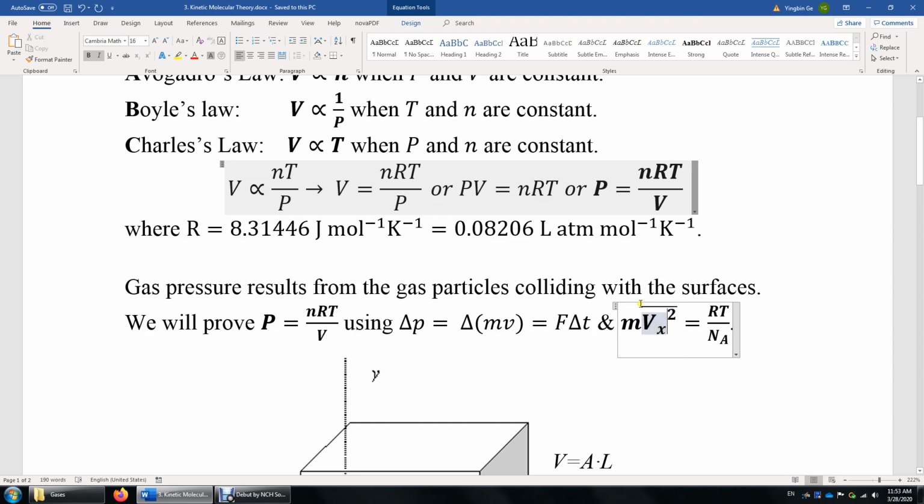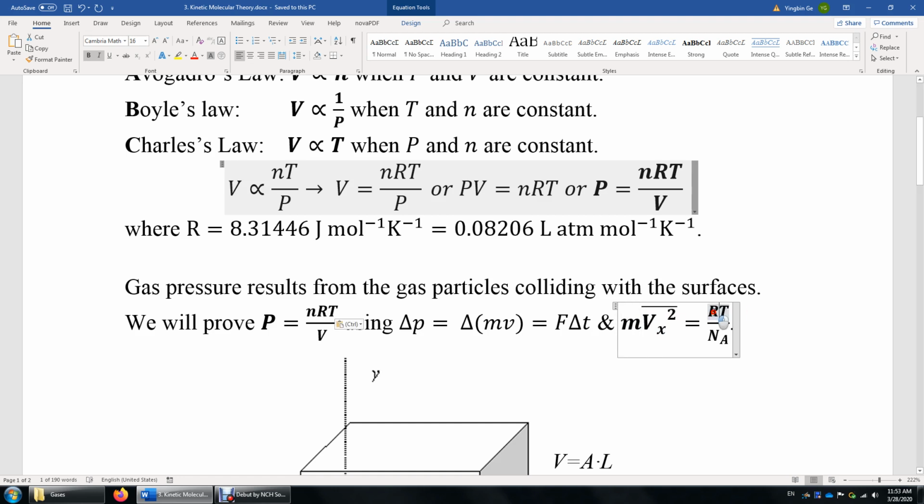And what about this horizontal bar on top? That means the average. Let's say we have many gas particles, and this quantity is the average or mean of the speed of the particles in the x direction squared. m is the mass of the gas particle. For simplicity, we're just talking about one type of gas particle.